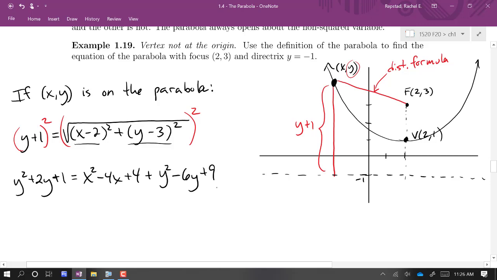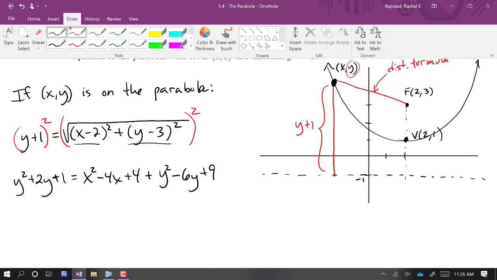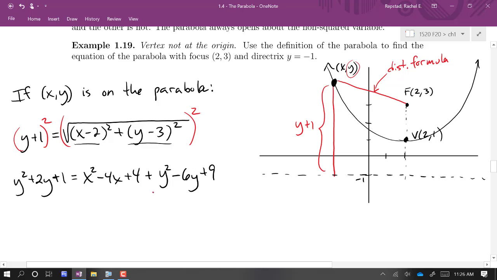I'm going to get all of my y's on one side and everything else on the other side. So I'm going to subtract y squared, subtract y squared. I'm going to get my y's on the left side.